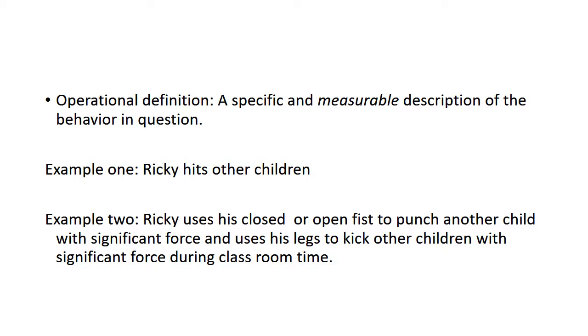It's one of those things I've learned, that you have to be as detailed as possible. And you can see that in example 2. In example 2, I included everything, right? Both hitting with a fist, open and closed, and also kicking. Point being, an operational definition is a specific and measurable description of the behavior in question. It is objective.